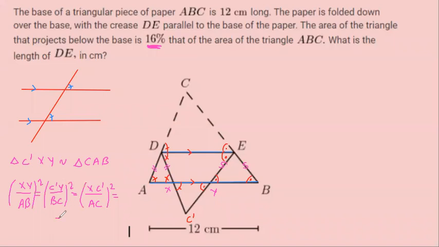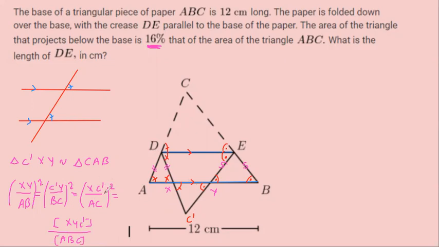I'm going to use this notation to show the areas: the area of XYC' divided by the area of ABC. So that should be the ratio of the areas.